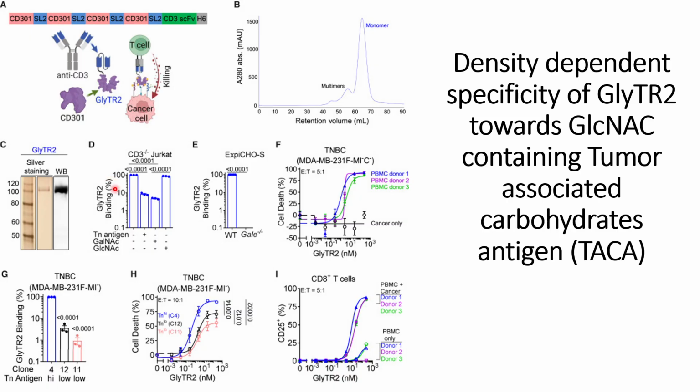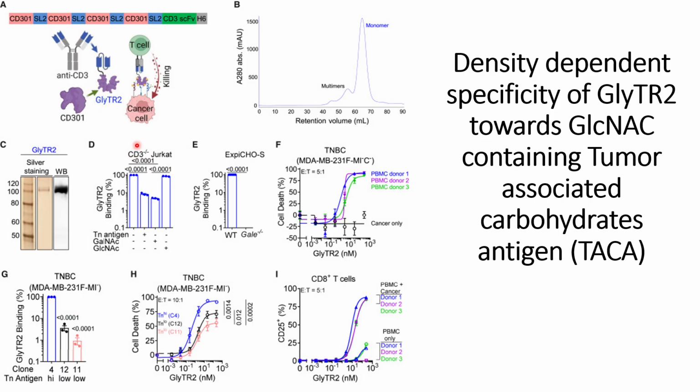First, they checked this GlyTR2 binding with different antigens, that is TN antigen, GalNAc antigen, GlcNAc antigens. What they are able to see is that when nothing is present, it shows 100% binding, and when these TN antigens are present, this binding is reduced. In this case they co-culture it with the CD3 minus Jurkat cells.